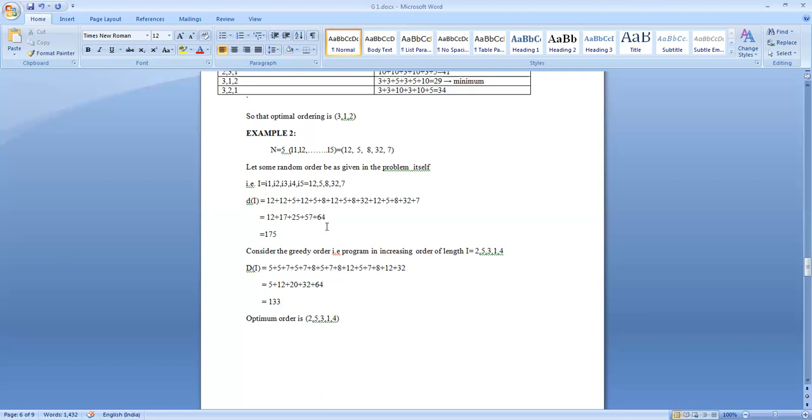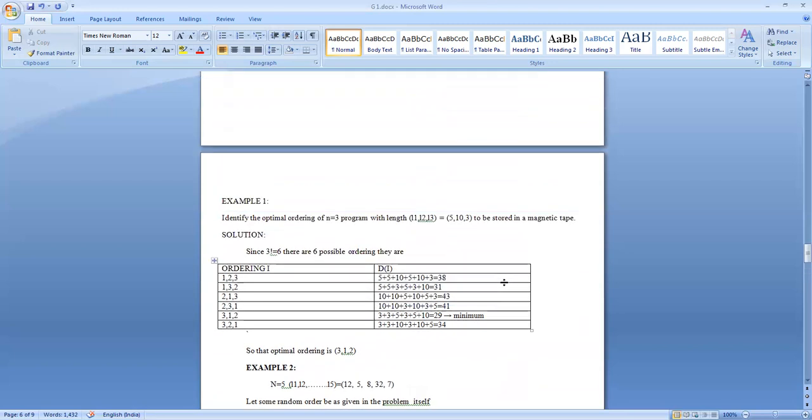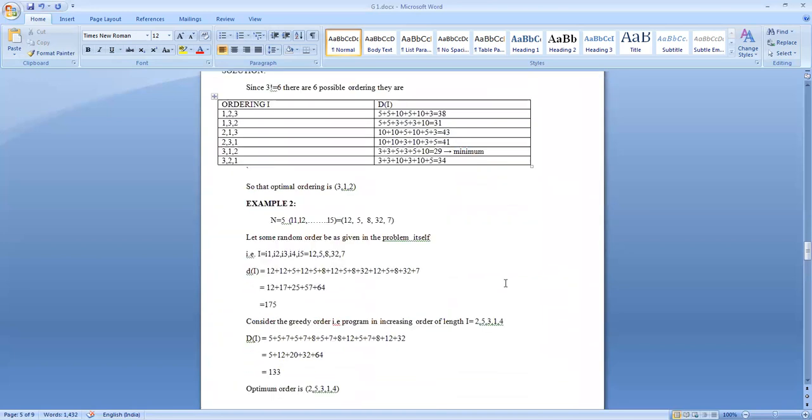Certainly it comes under the order paradigm, because we are not leaving out any of the given n inputs. In this problem, the number of inputs is 5, and all 5 are taken for the solution. Very nice, a very simple example of the greedy method.